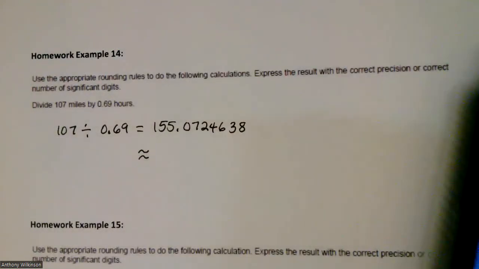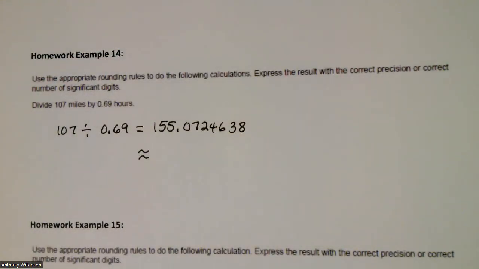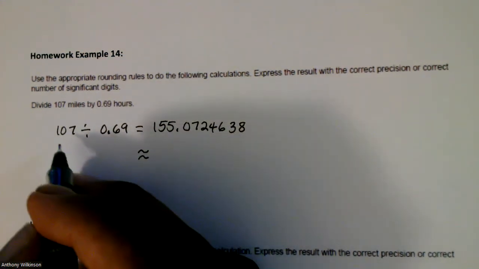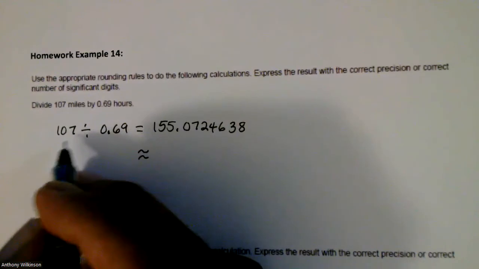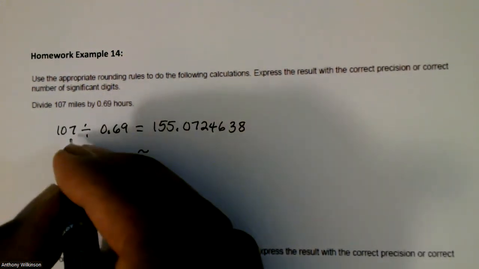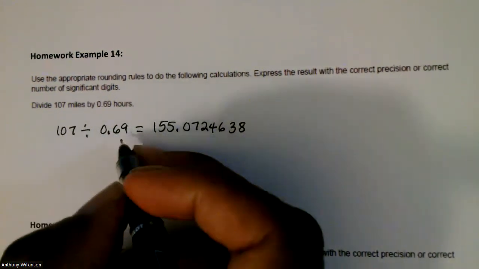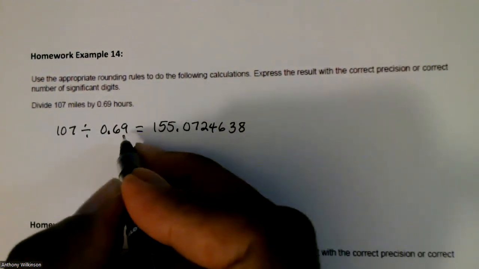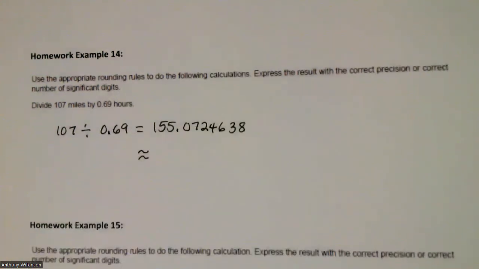Now, with division, we round to the same number of significant digits as the measurement with the fewest significant digits. In this case, we're going to round to 2, because 107 has 3 significant digits, whereas 0.69 has only 2. So 155 will be rounded to 2 significant digits.